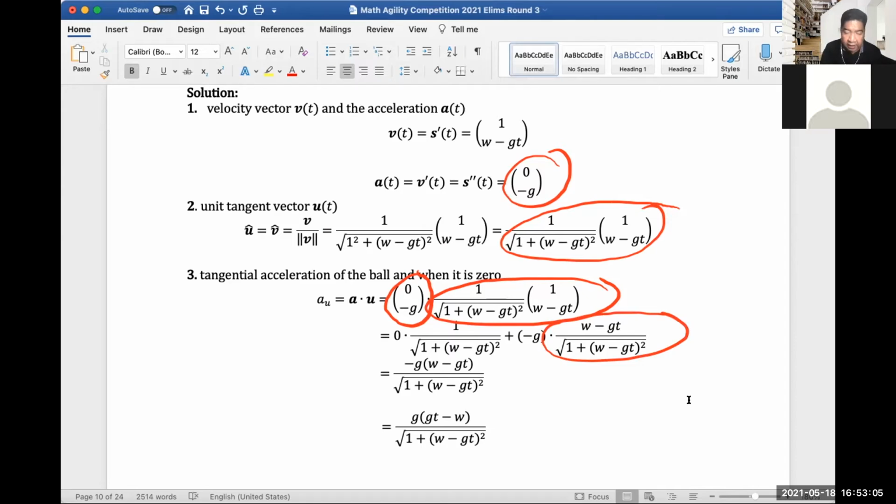So let's try to simplify that. Negative g quantity w minus gt over the square root of 1 plus w minus gt squared. Let's take out the negative, and we will get this answer here, which is g quantity gt minus w all over the square root of 1 plus w minus gt squared.